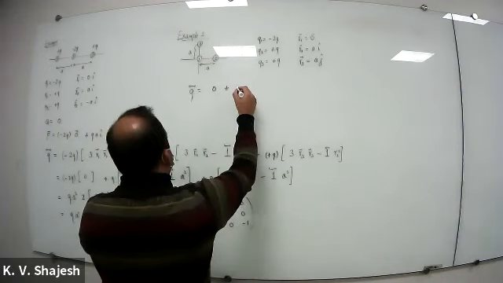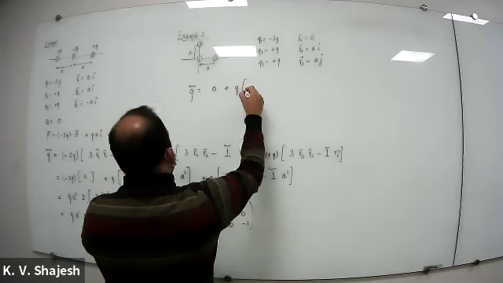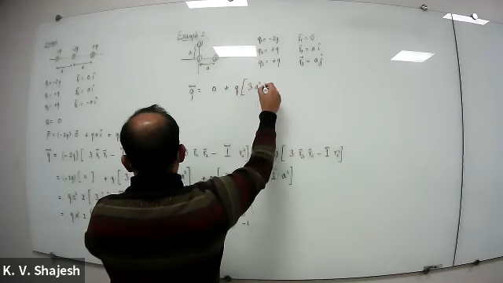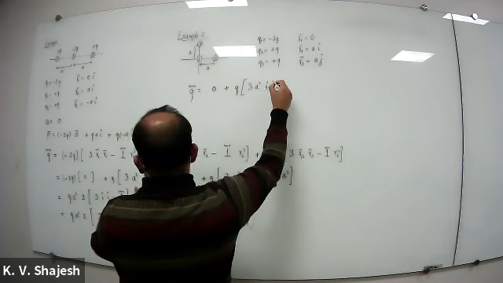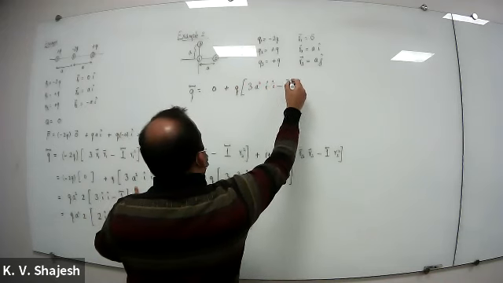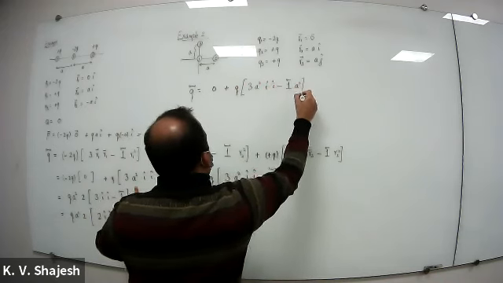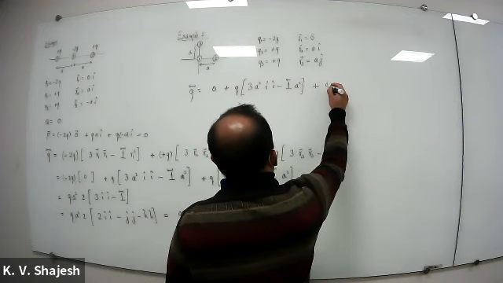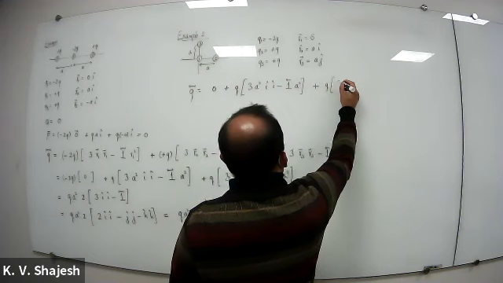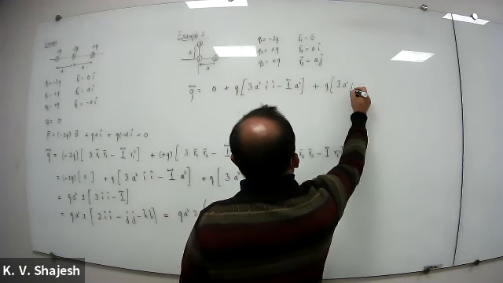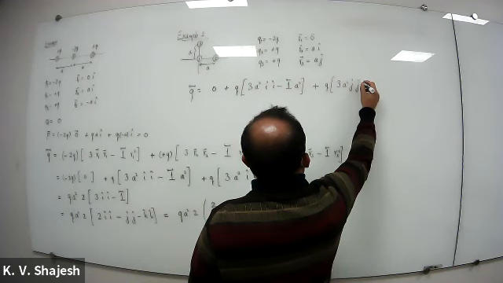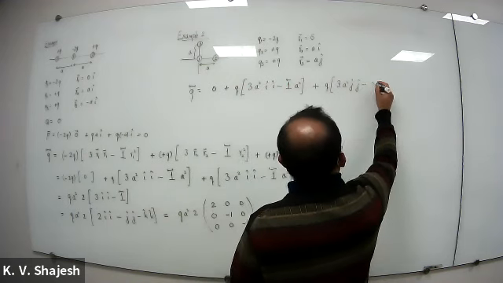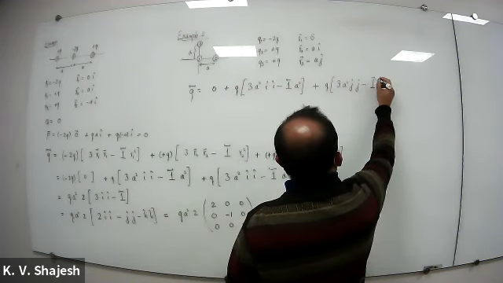So this will be plus q times 3a square times I hat minus 1 times a square. Now the third one will now be j hat, otherwise it's the same. Minus 1 times a square.